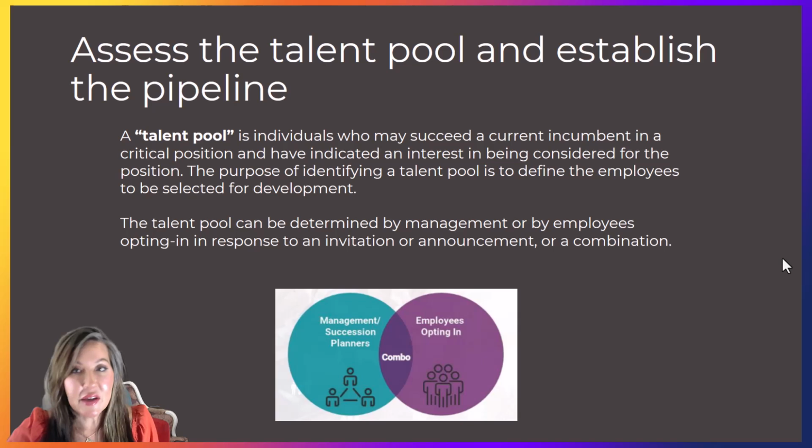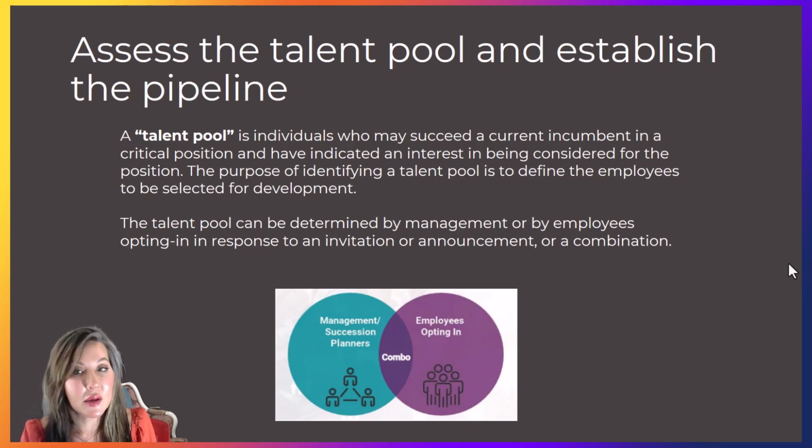Then you're going to want to make sure you're assessing the talent pool and establishing the pipeline of people for these roles. A talent pool is individuals who may succeed a current incumbent in a critical position and have indicated an interest in being considered for the position. The purpose of identifying a talent pool is really to define the employees to be selected for development.